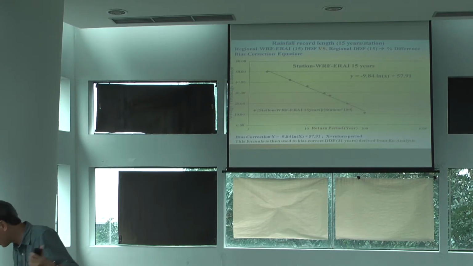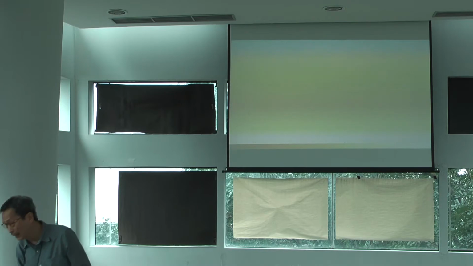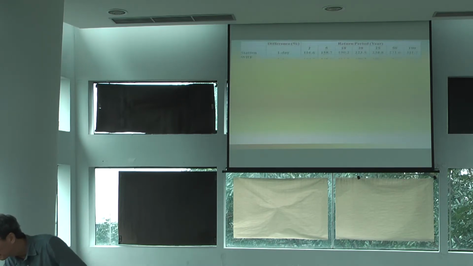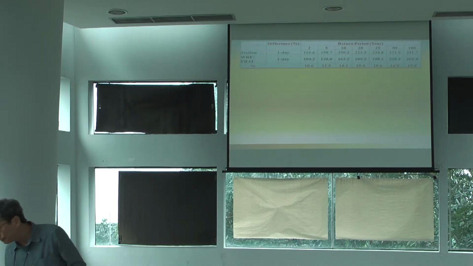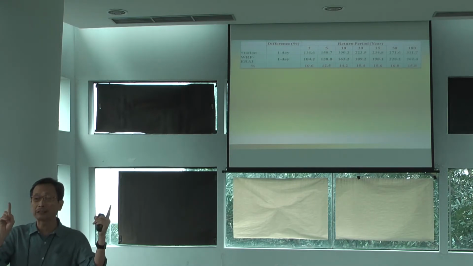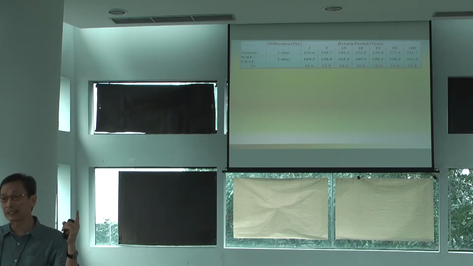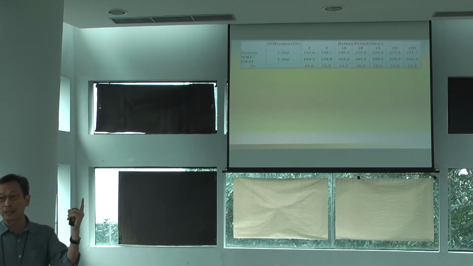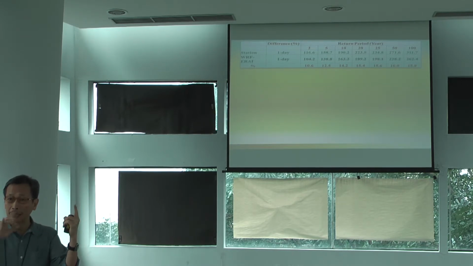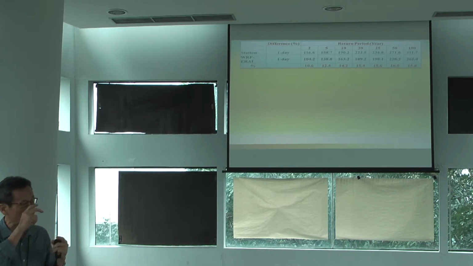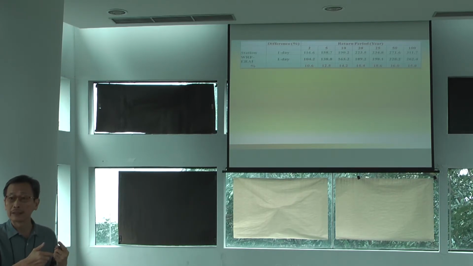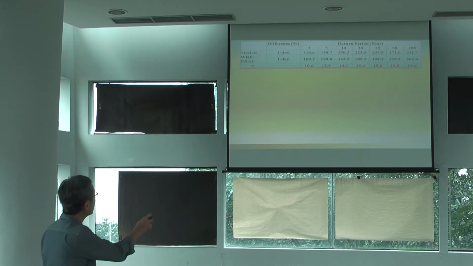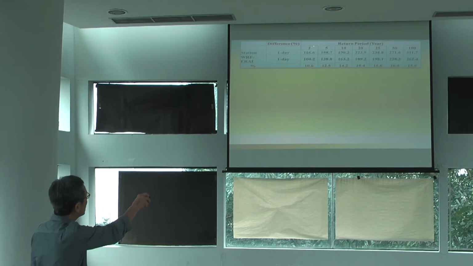Once we have done that, I have 31 years from the reanalysis data. I'm deriving the IDF curve from the 31 years of reanalysis, adding the bias correction derived earlier, and trying to compare that with the observation data.